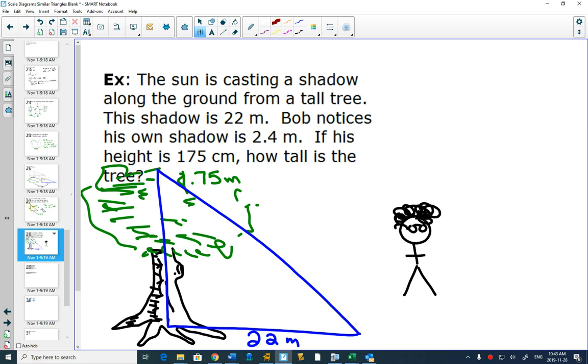There's Bob, not resembling anybody in our class. Shh. Okay. Bob happens to be 1.75 meters tall, and his shadow is 2.4.